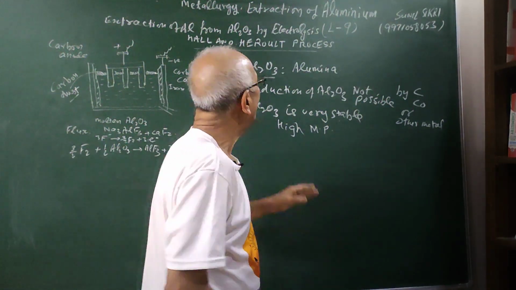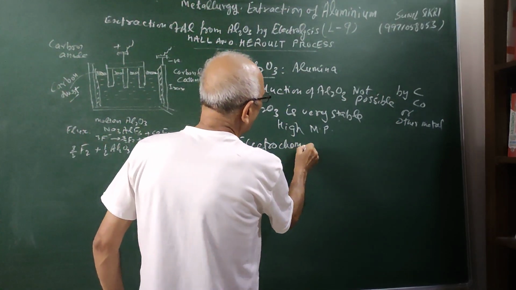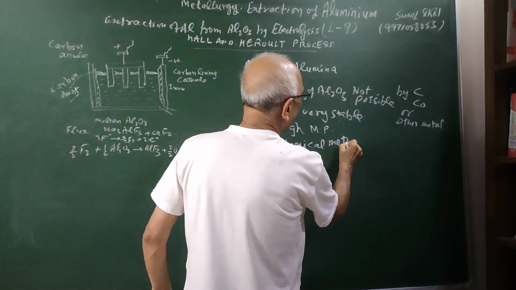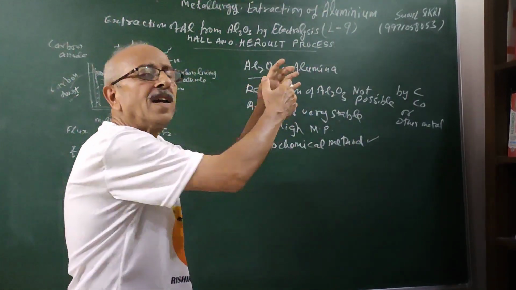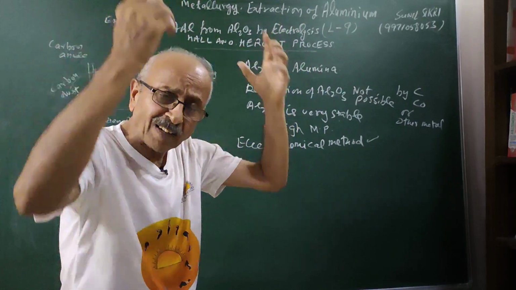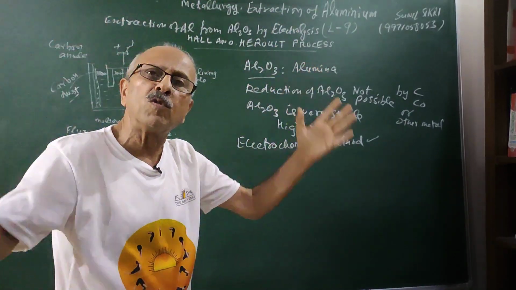So it was decided that we have to use the electrochemical method for the reduction of alumina. We will apply a potential difference, pass electricity and break the aluminium and oxide ions, and we will use two electrodes.